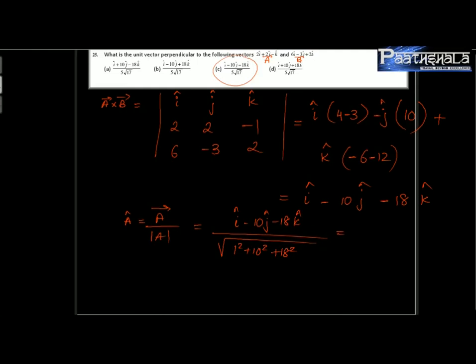On simplification, that comes out to be I hat minus 10 J hat minus 18 K hat divided by 5 root 17. You can yourself try to simplify. It does come out to be this, and the answer has to be C.